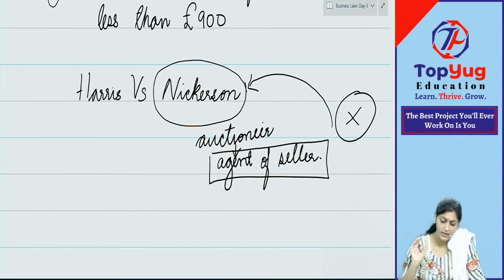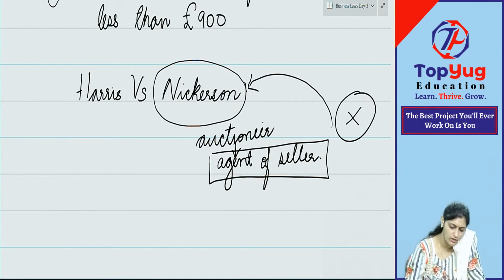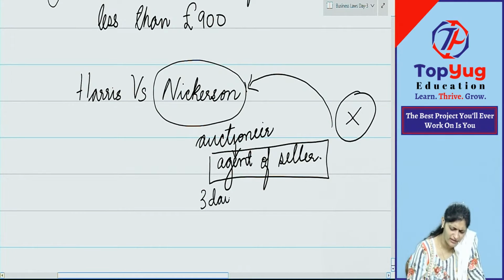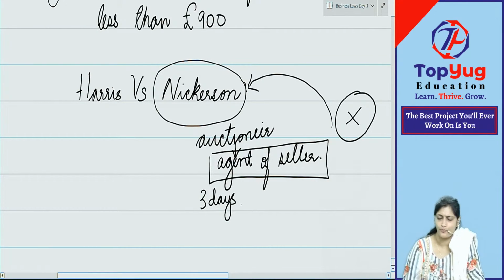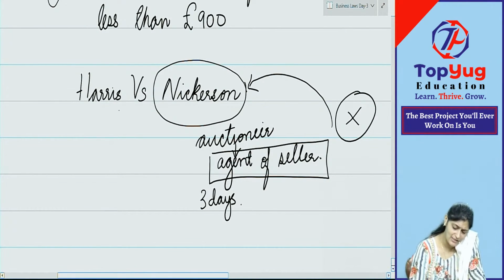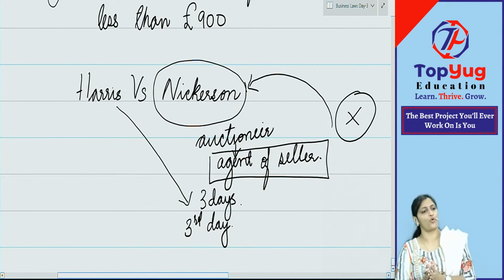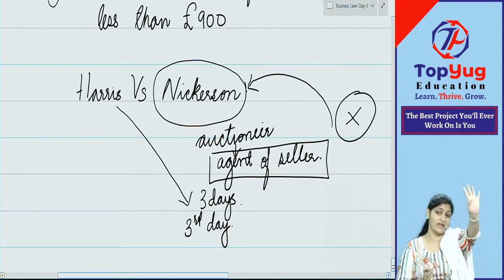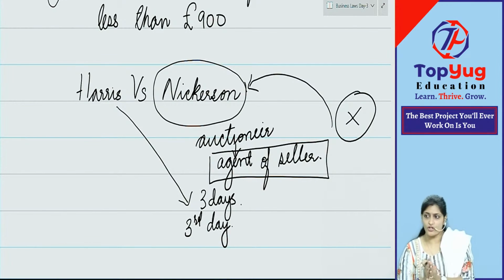Okay, so what happened? The auction was for say 3 days for a few furniture items and some other items also. Now Harris saw the advertisement and he came on the third day. He was staying somewhere else. He came to auction on the third day, and he spoke to Nickerson.